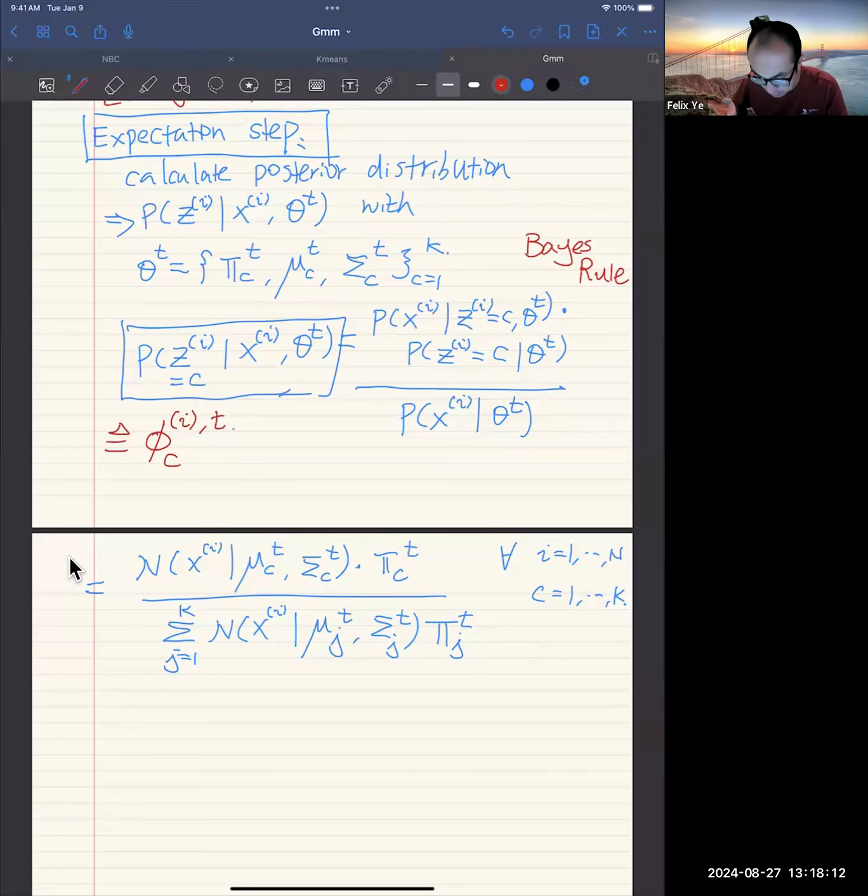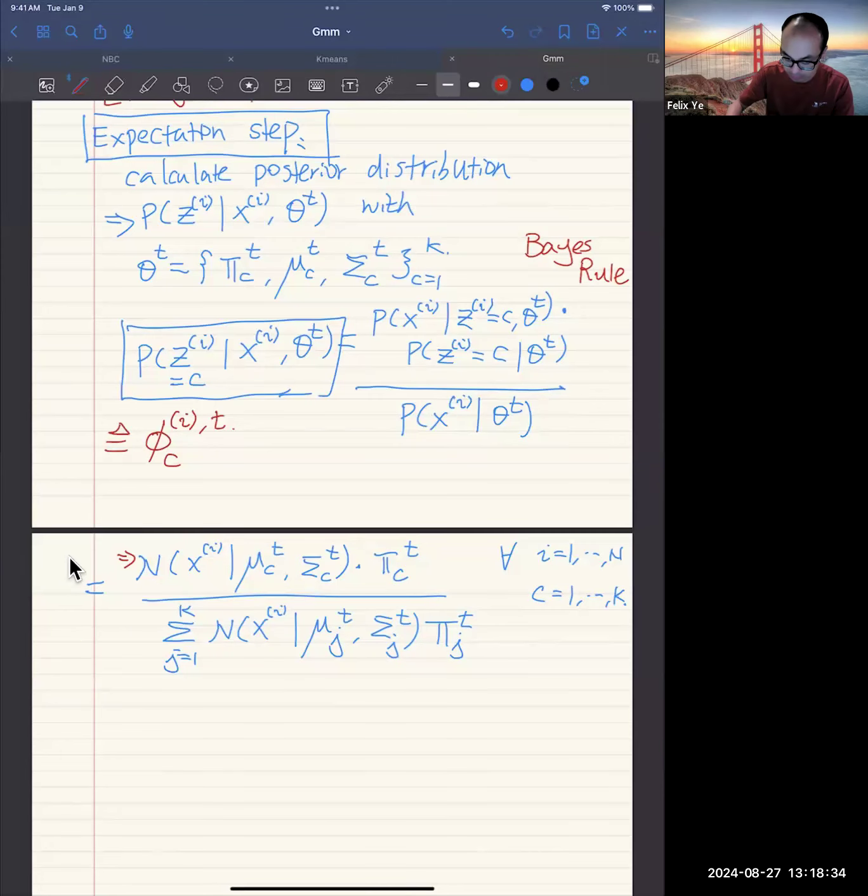So this is how we define the posterior distribution. And of course, this is just the PDF of my Gaussian with the mean mu_c,t and the covariance sigma_c,t.